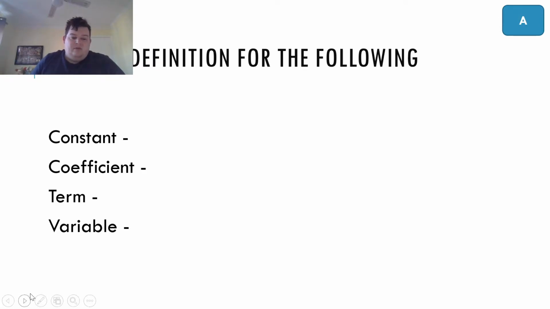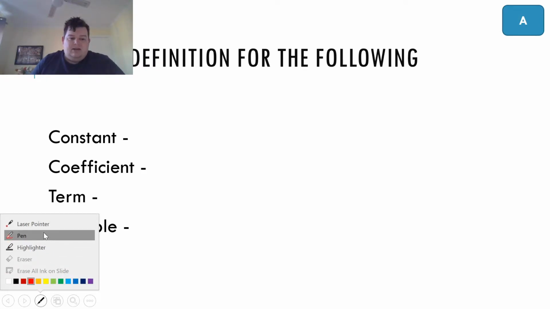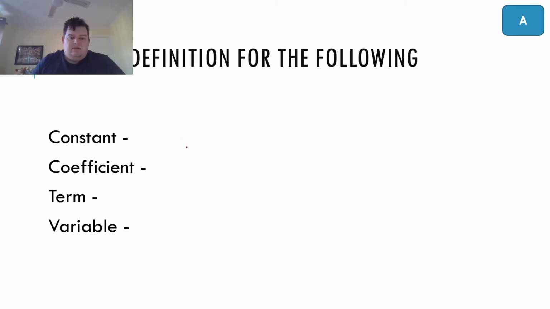For example, at the end you might see a plus 5. A coefficient is a number that is multiplied by a variable, so you might have 6y, which is 6 times y.